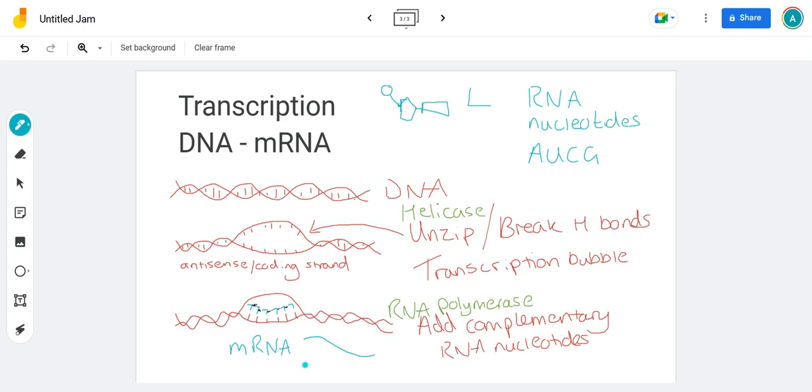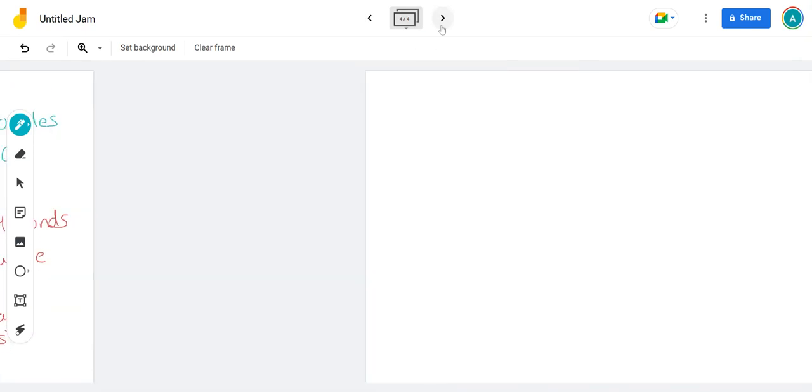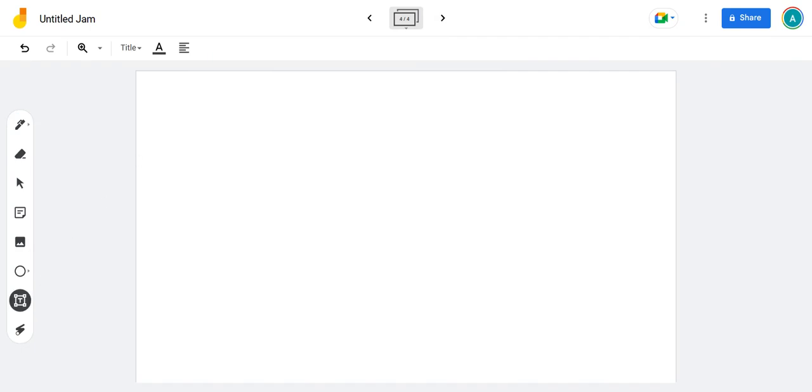Sorry, there it is. Our mRNA strand that's made here gets separated and released from the original double-stranded DNA, and that mRNA then continues on its journey. So if we go back to our picture, the mRNA is made and it comes out of the nuclear pores into the cytoplasm. So then once it's in the cytoplasm, you can go to a ribosome for translation.